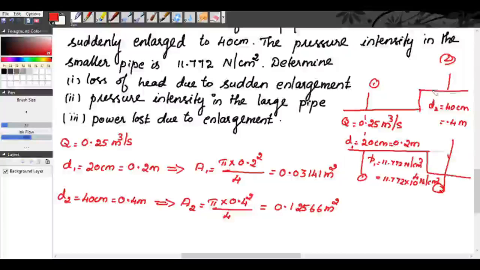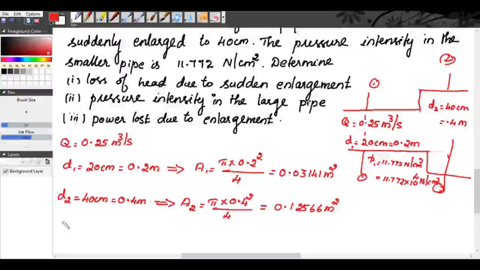See, the greater diameter will have greater area. So for simple checks, if we make any calculation errors, you can identify them from this. If you are making any mistakes here, just check whether this area is greater than this area. So small errors you can avoid in the early stage itself.